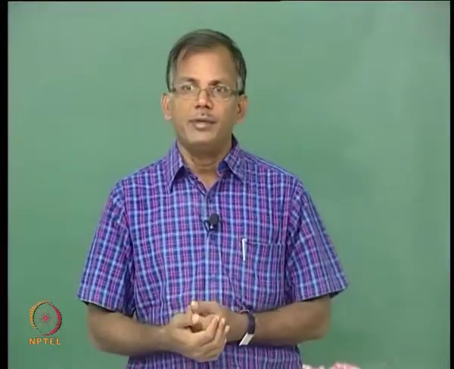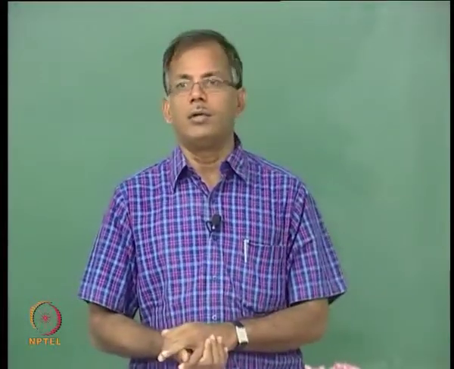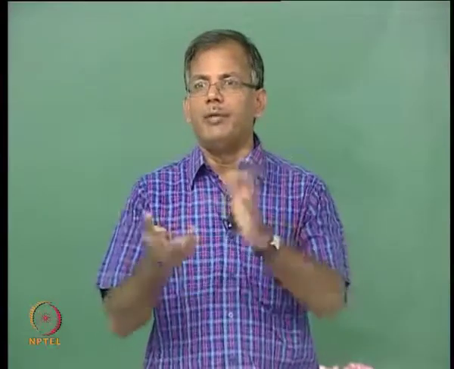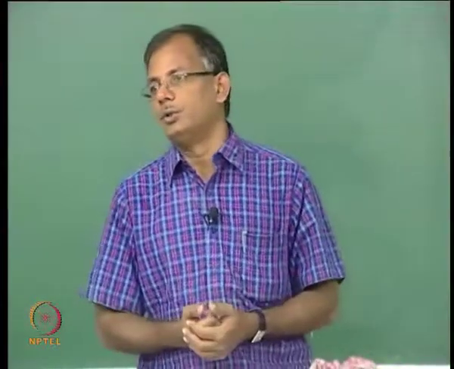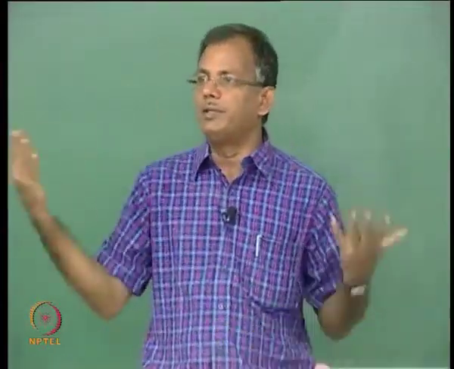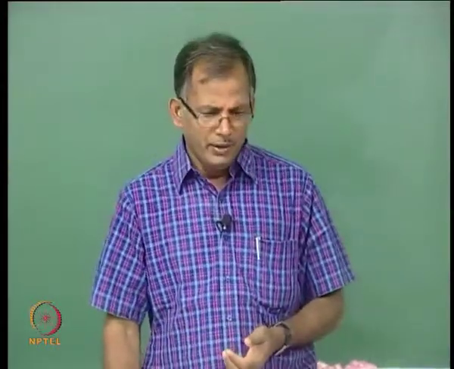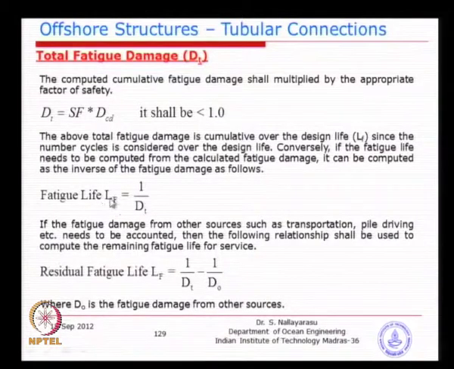Suppose you want to keep it under control: if you limit it to 0.5, the factor of safety will be 2; if you keep it 0.1, the factor of safety is 10. Similarly, in reverse you can find out the design life will be equal to 1 by fatigue damage, because the number of cycles applied is indirectly having the total design life itself.